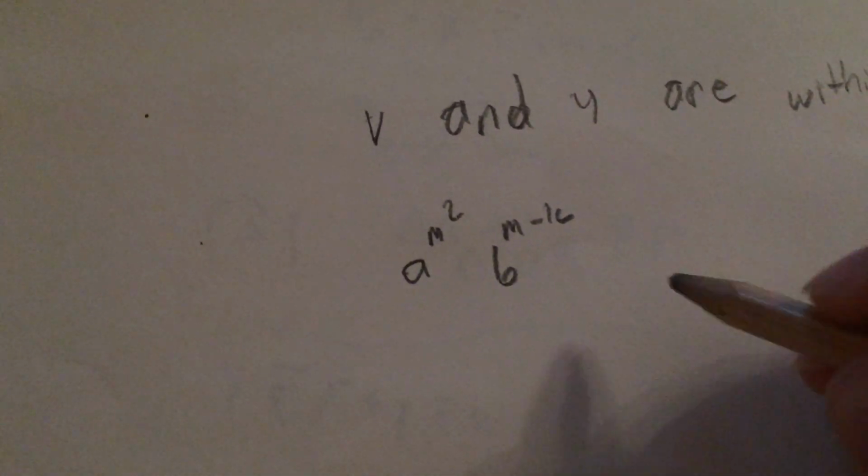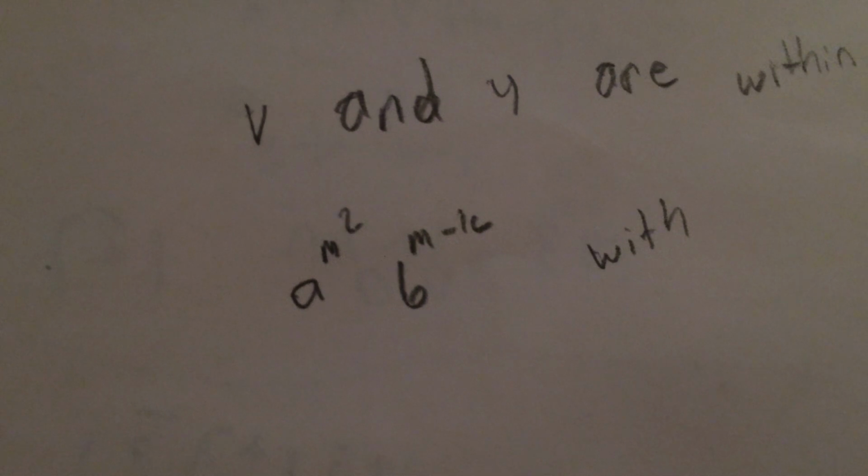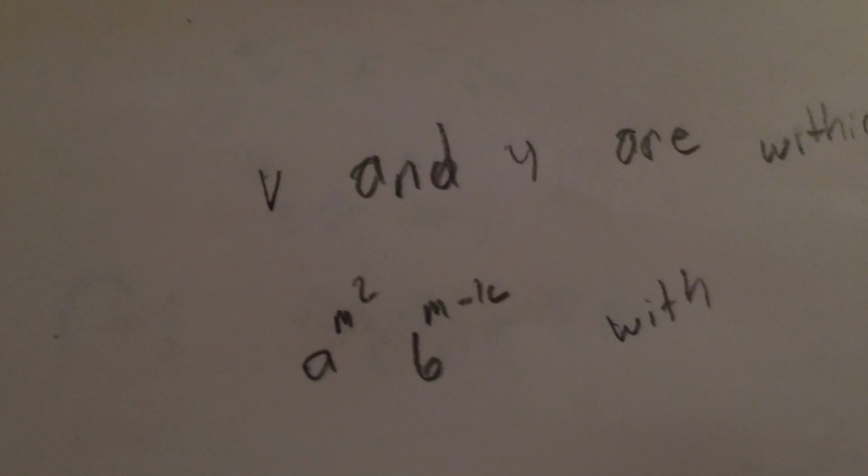If we pump down v and y, like remove them, we're going to obtain a string of the form a^(m²) b^(m−k), with, again, k greater than or equal to 1, which is obviously not in our language. So this is my question, and thank you for listening to me.